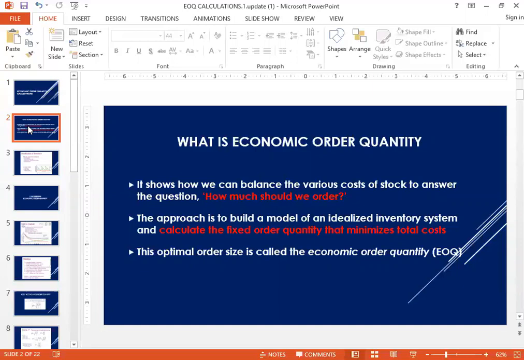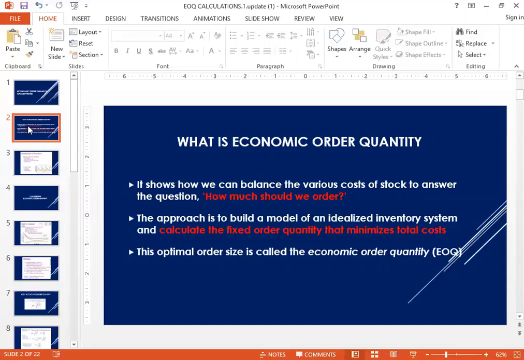It shows how you can balance the various costs involved in inventory management, and it will give you exactly how much quantity you should order.